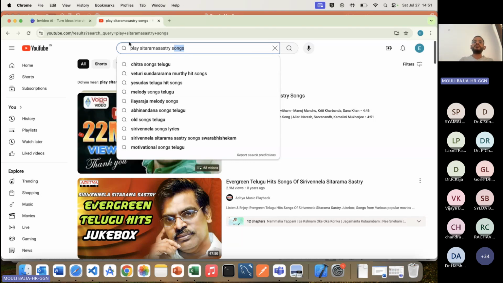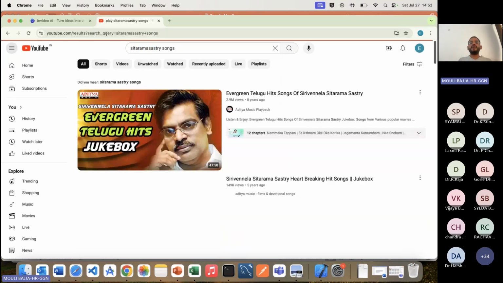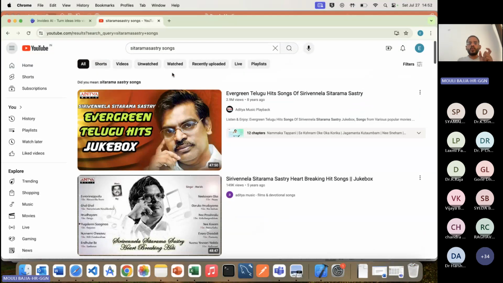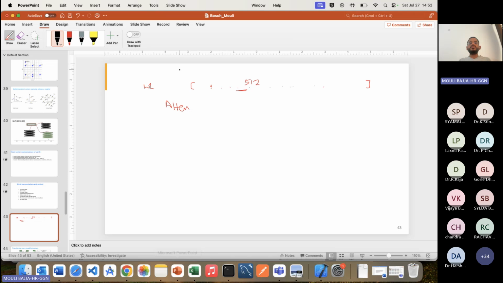Then it will look at songs of Sitaram Sastri, narrowing down all the songs to whatever lyrics were written by Sitaram Sastri. Now that the values are identified, what is expected is play. You don't even have to say play because that is imperative. So it will show Sitaram Sastri songs. That is the concept utilized in query, key and value.